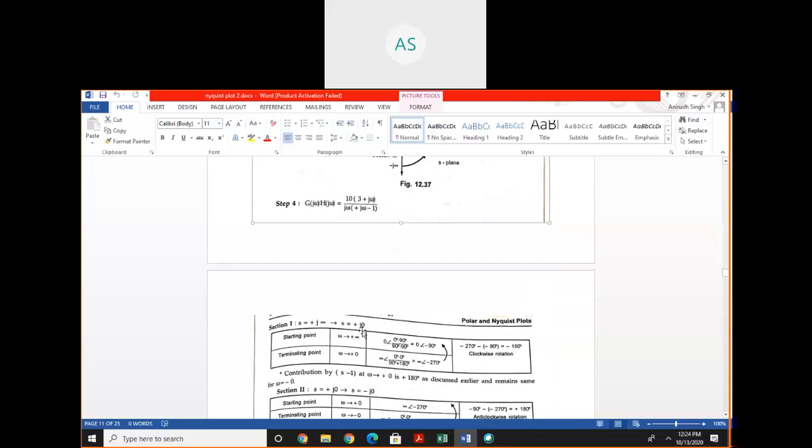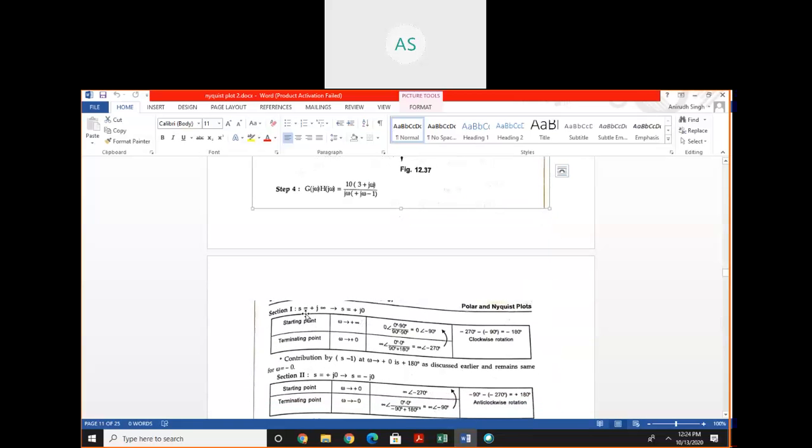Then put s equal to j omega, we get this equation, and when s approaches j infinity or omega approaches plus infinity, the angle contribution by this term 3 is 0. Angle contribution by 10 is 0.